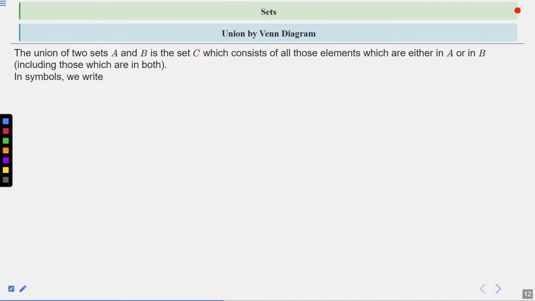So in symbols we write, as we just said, A union B is simply the collection of all x such that x belongs to A or x belongs to B. You are collecting your x. If x belongs to A, you can collect. If x belongs to B, you can collect. If x belongs to both, still you can collect.